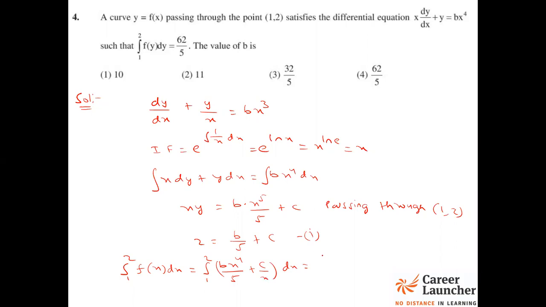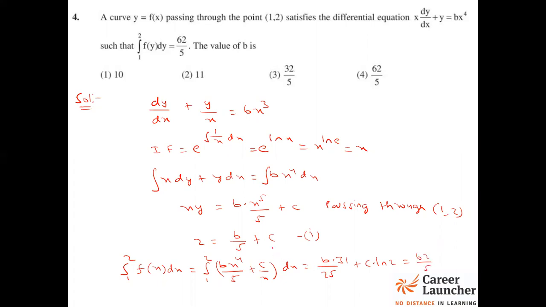So integrating and applying limits becomes b by 25 times x power 5, 32 minus 1 will become 31, plus c times ln 2. This value is given as 62 upon 5.